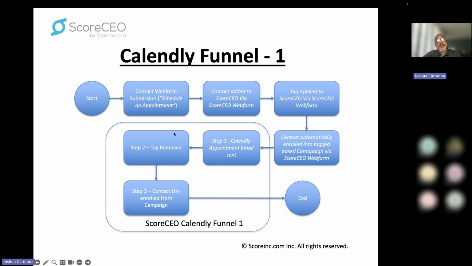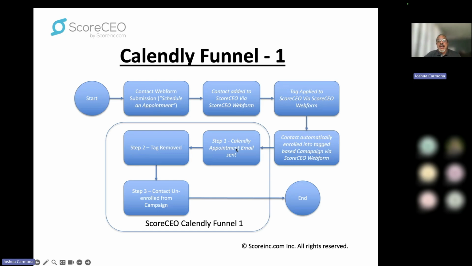We're going to fill in a web form that we've produced in ScoreCEO. When we created that web form, we're going to apply a tag upon submission. We're going to automatically enroll the customer, because of that tag, into a tag-based campaign.